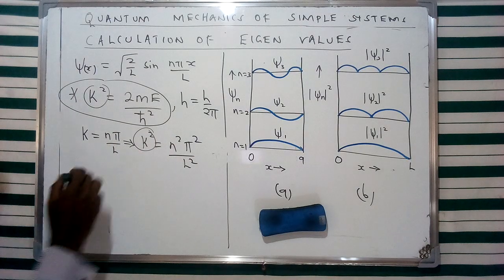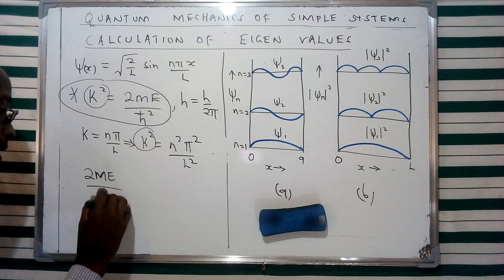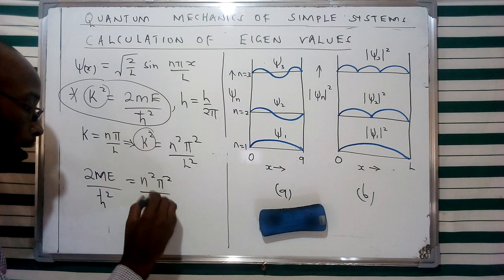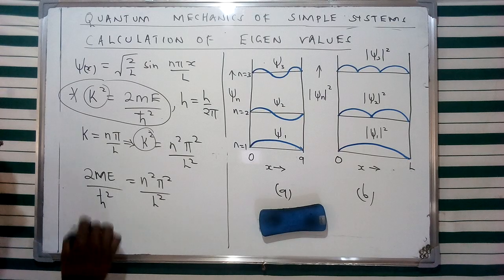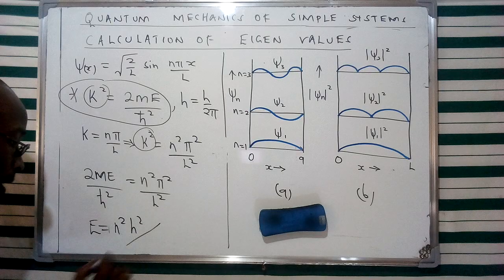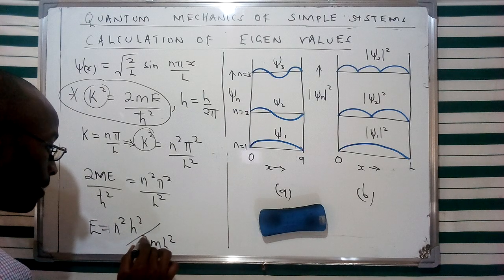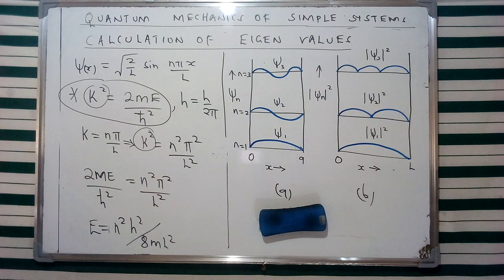Therefore, we're going to have 2 m e over h-bar squared representing what we refer to as n squared pi squared over L squared. So this is an equation of this one and this one given in terms of this format. So this generally is going to give us the value of E representing n squared h squared all over 8 m L squared given as such. And this was a general representation of finding the eigenvalues of a particular function.